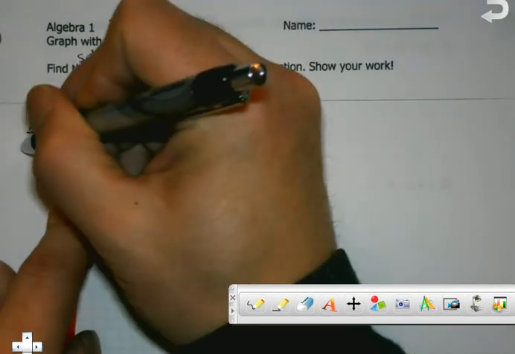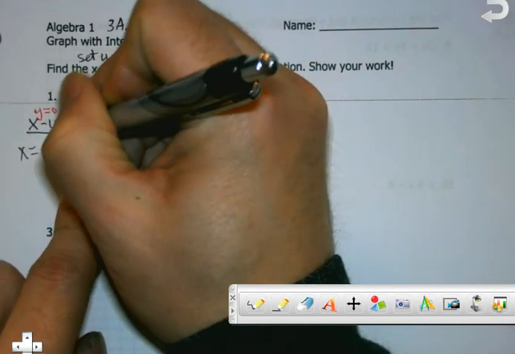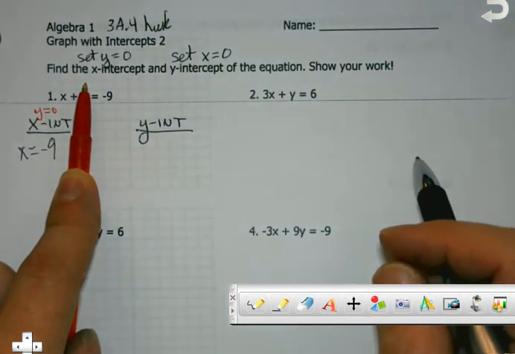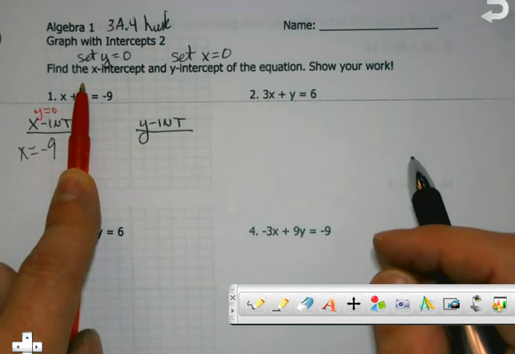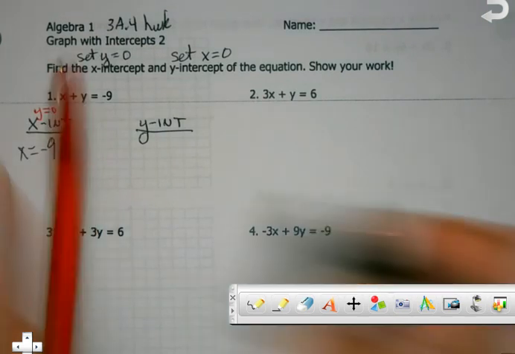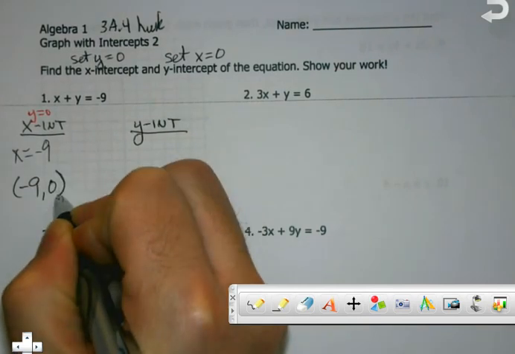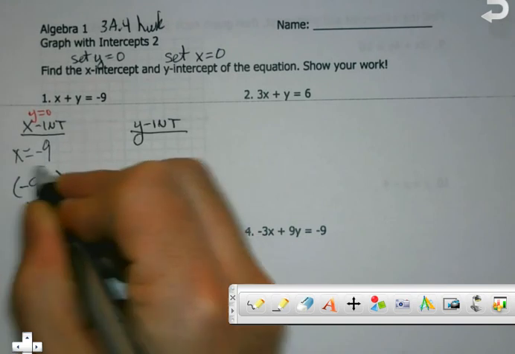So my x-intercept is just me rewriting the equation without the y there. In this case, that's kind of cool, because x equals -9. I'm done already. Nice. So the actual intercept is (-9, 0), because I would put my x value first, my y value second.